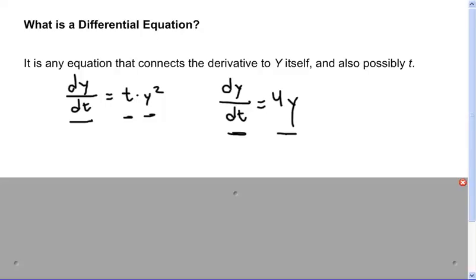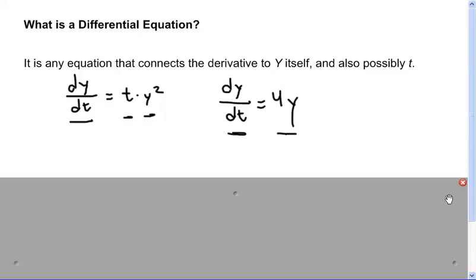So if at any given time y is equal to 3, then the derivative would be 12. y would be growing at a rate of 12. If y is 7, it will be growing at a rate of 28, and so on. So this differential equation describes how y grows and expresses the fact that how fast y grows depends on what y actually is, how big y itself is.